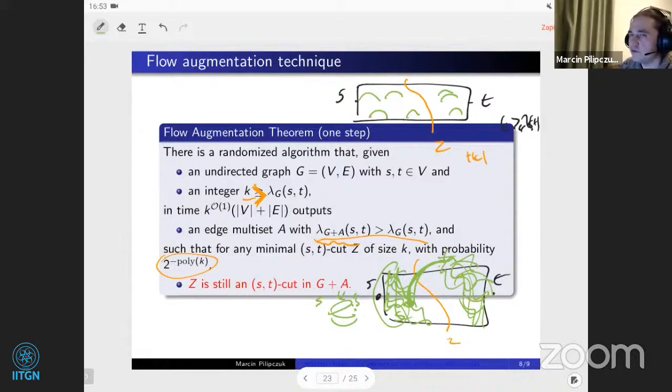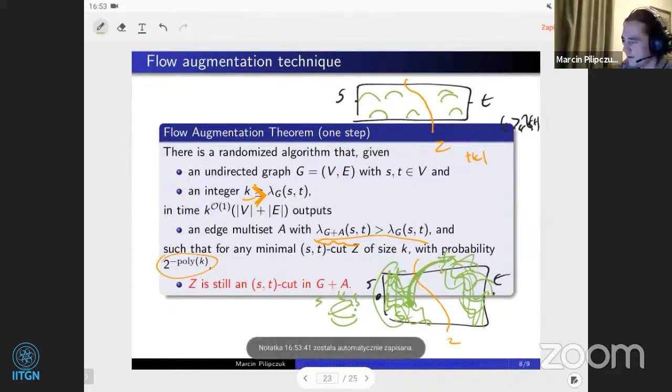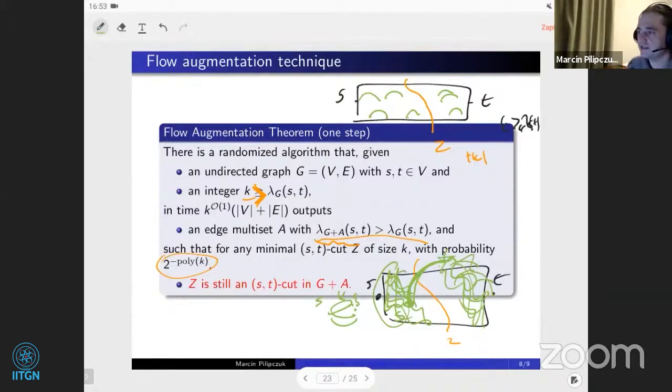We don't want to connect a vertex reachable from S with a vertex reachable from T. So the statement says that for every fixed minimal cut, the probability it will survive is small. So you think of adding these green edges as sparsifying the family of minimal cuts, but every single minimal cut survives with good probability. Does that answer your question, Neil? I hope so. Okay, thanks.